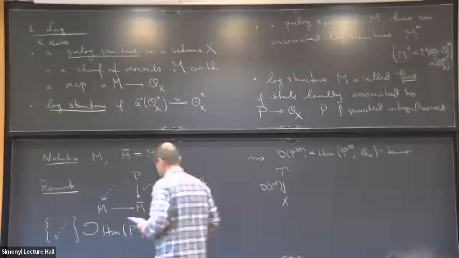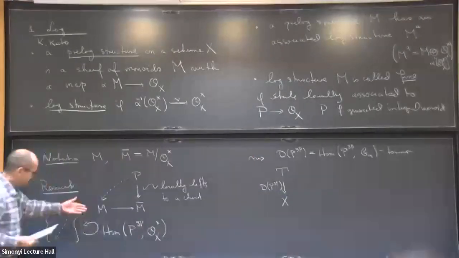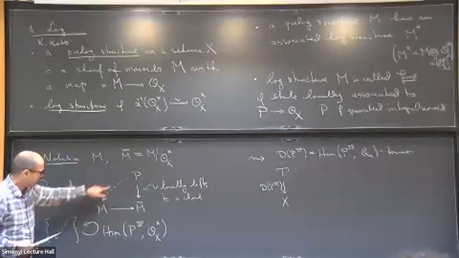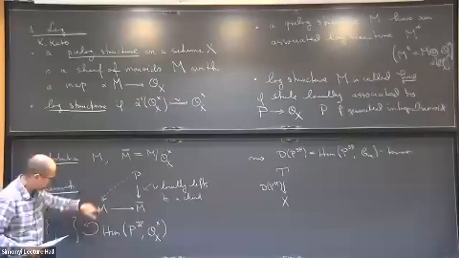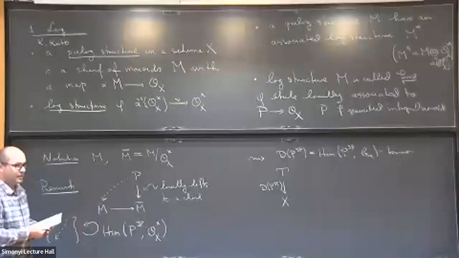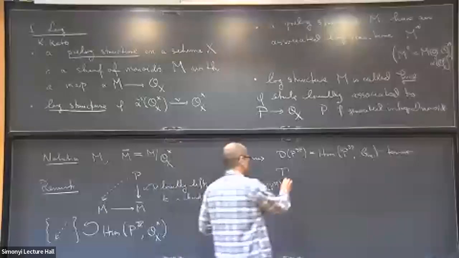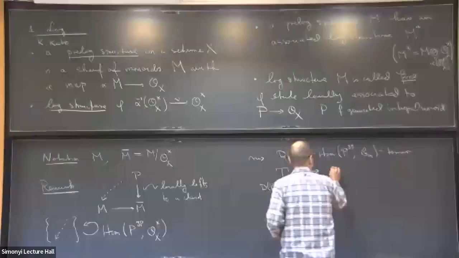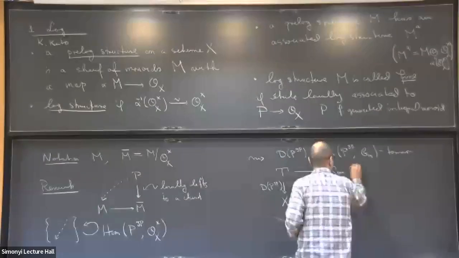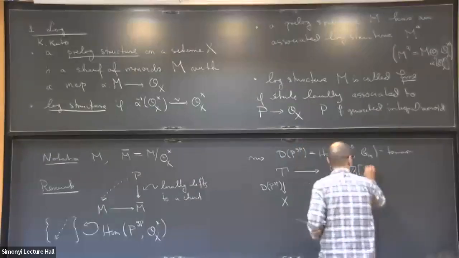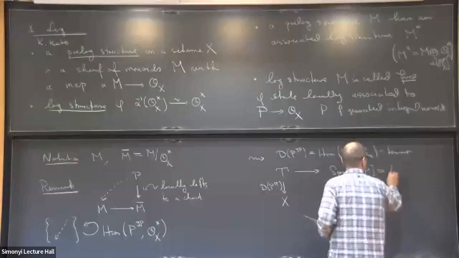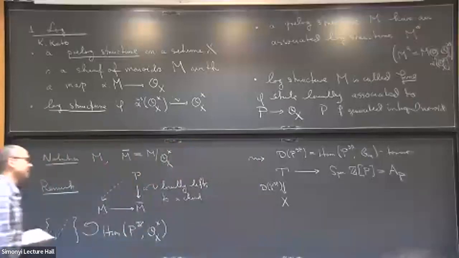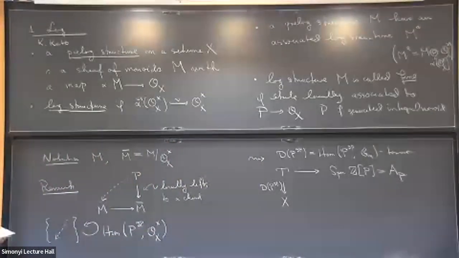And then there's a bit more information, which is the map from M to O_X. If you have a lift here, you also get a map from P to O_X coming from the map there. And so that turns into an equivariant map to Spec Z of the monoid algebra P, which I'll write A_P.